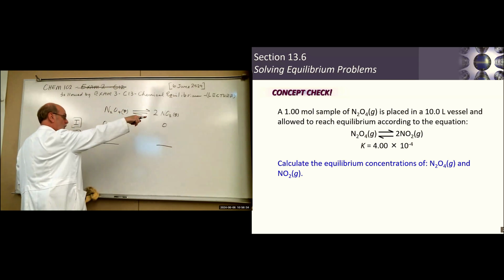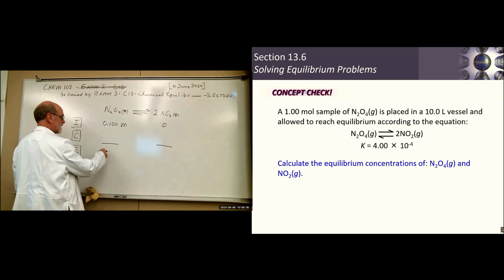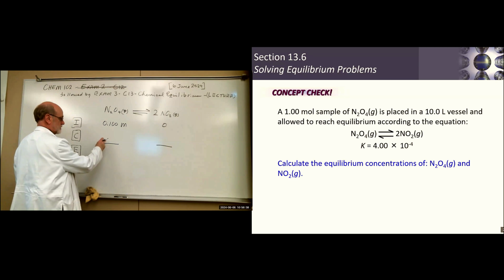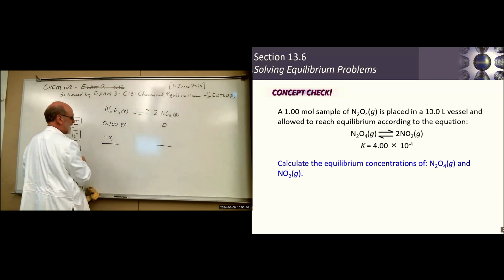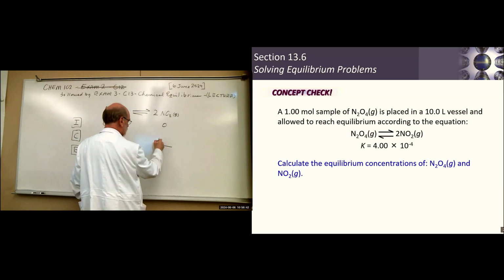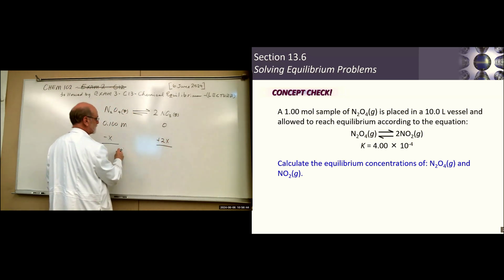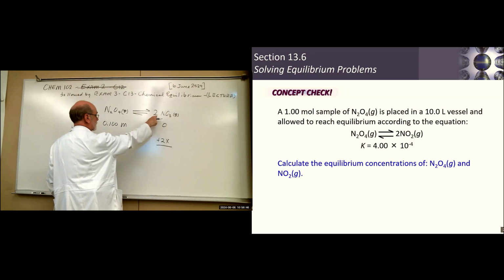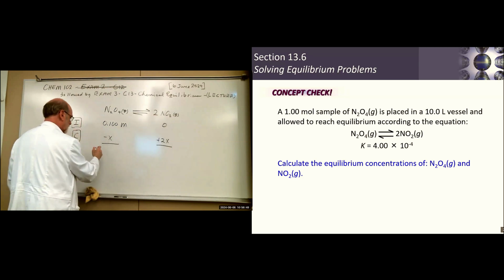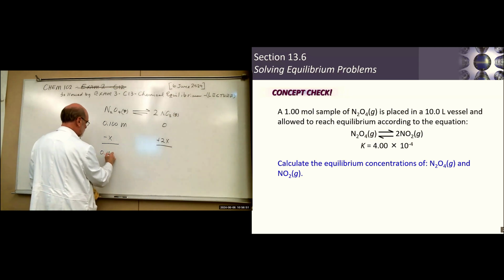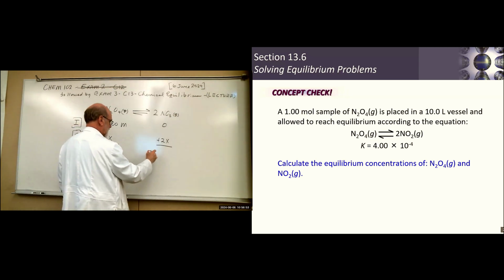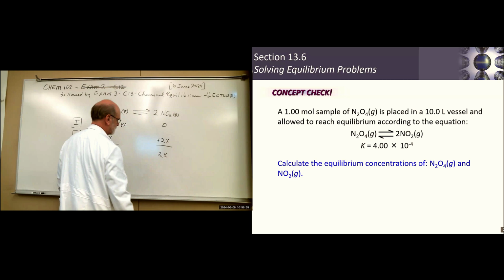So we know it's going that way. If we lose some of that, it's going to show up as twice that amount here because of the stoichiometry. So we've got 0.1 minus x, and this is 2x.